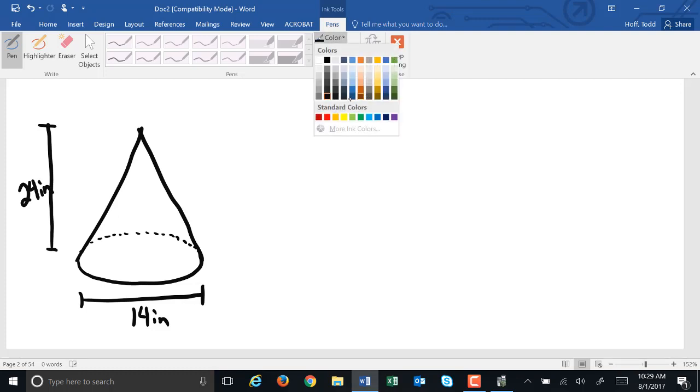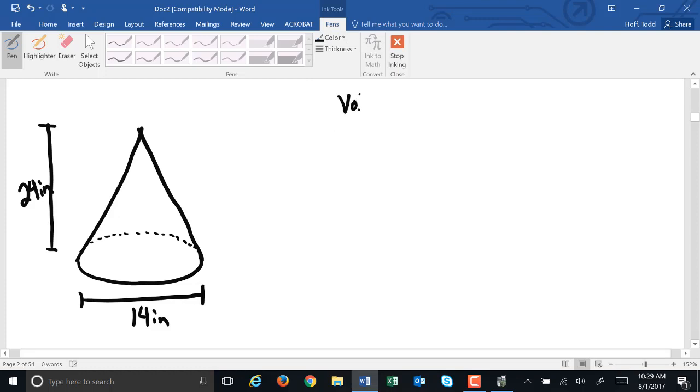So on our cone, to find volume, we start off again with area of the base. Once again, the base is a circle. So it is pi times radius squared. So it'll be pi times what number squared here? 7 squared, good.